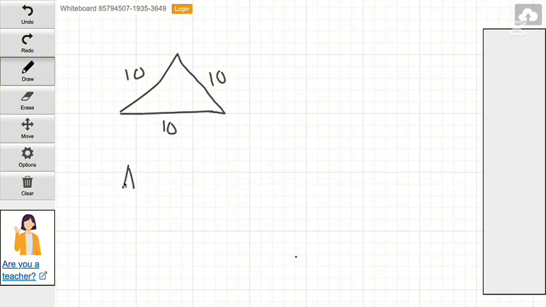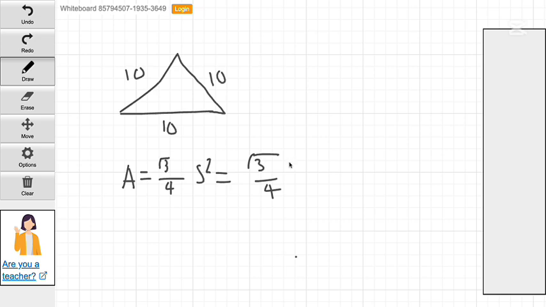So the formula for this is area is equal to the square root of 3 over 4 times s squared. So that would be the square root of 3 over 4 times 10 squared, which is 100.